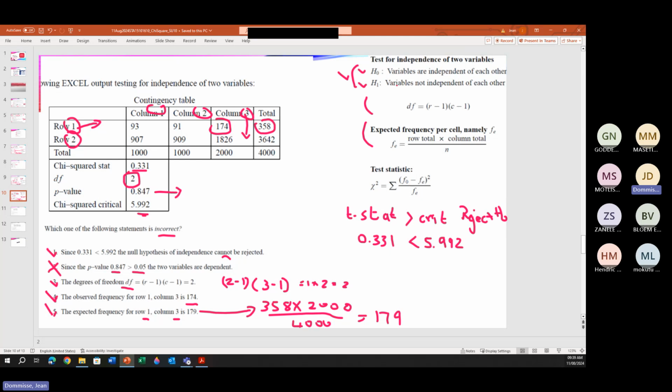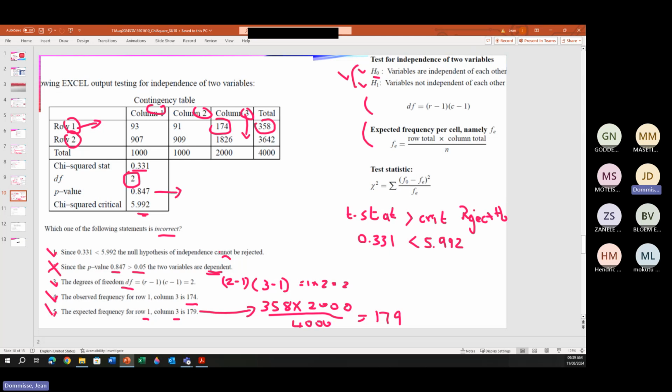So we assume that the two variables are independent. Since that p-value is bigger than that, again, the assumption will be that the two variables are independent and not dependent.